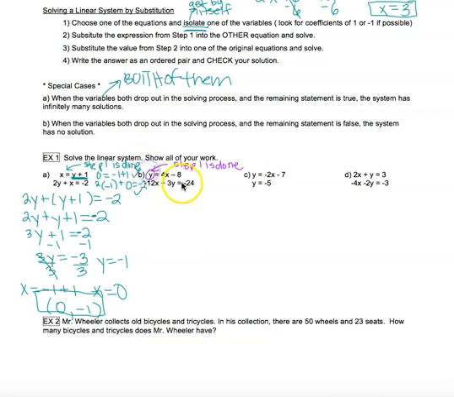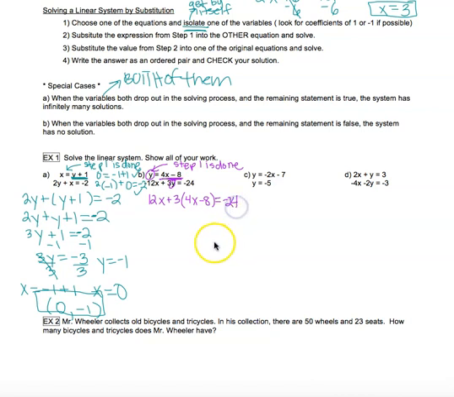So 12x plus 3 times y. Here's where I substitute. So 4x minus 8.